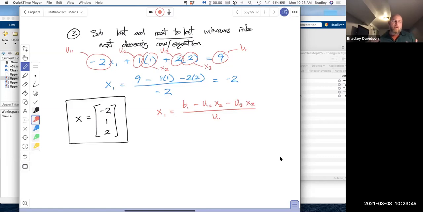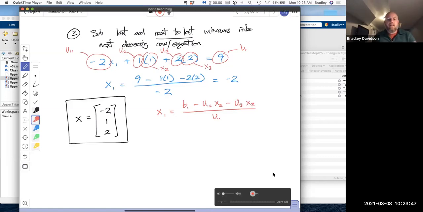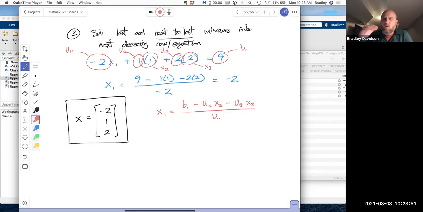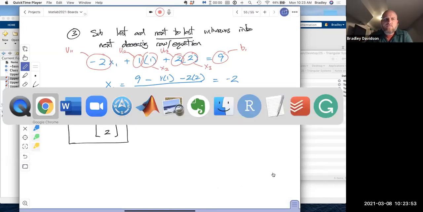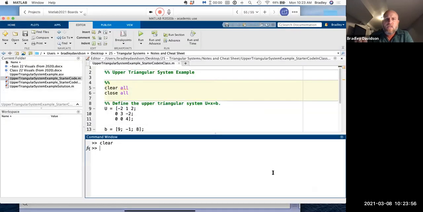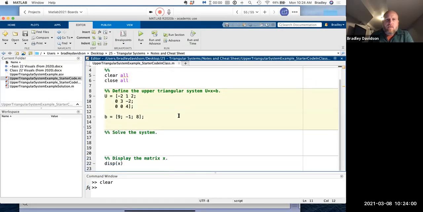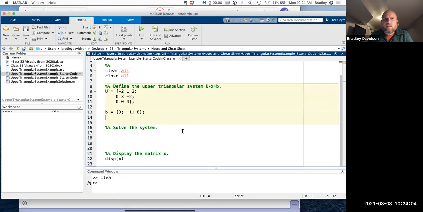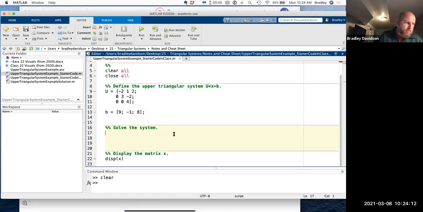Now when we put it into MATLAB, I gave you some starter code, so go find your starter code on Canvas and let's solve this system. While you're pulling up your starter code, I'm going to collect all these onto one screen.